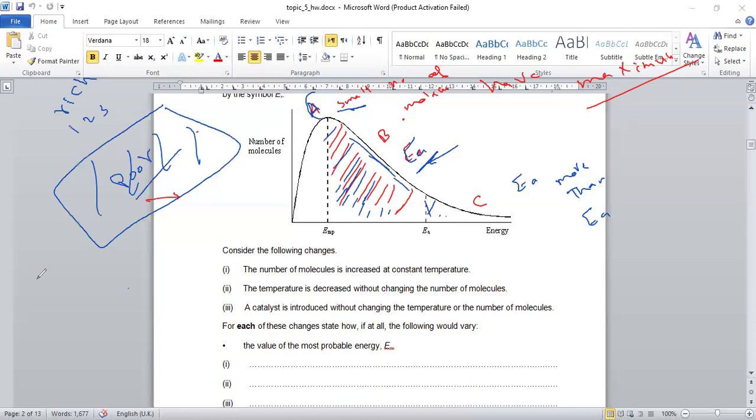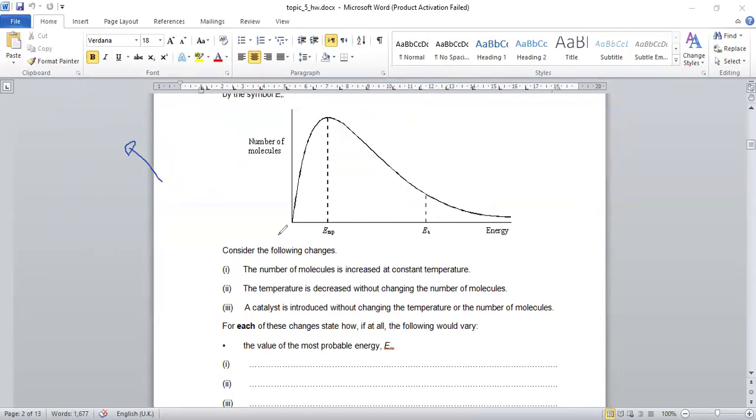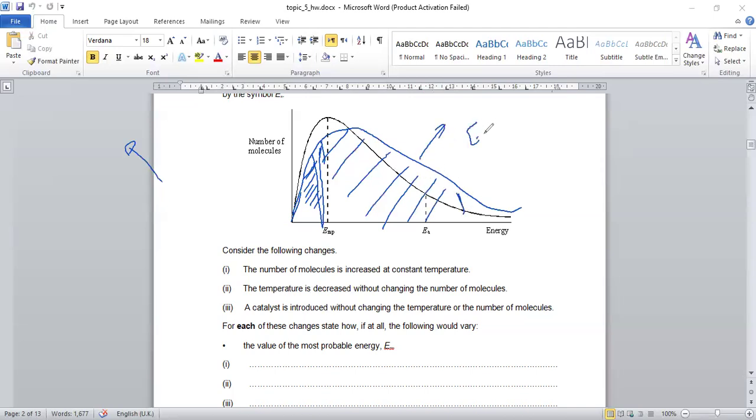So Boltzmann showed the effect of increasing temperature. He showed that increasing the temperature of the reaction will increase the region of activation energy. It will make a diagram like this. It makes the region of the number of molecules higher than the activation energy larger. That means we have a much larger number of molecules with the activation energy, which is required for the rate of reaction.